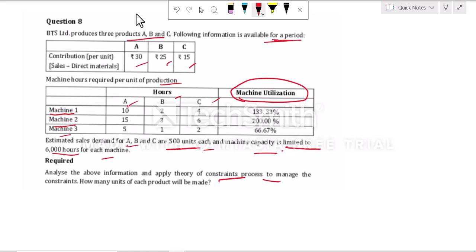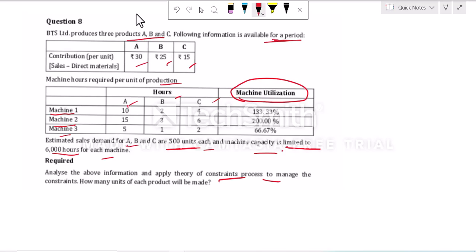So, what does the theory of constraints say? We should give priority to that product which goes through that machine which is limited, which is a constraint. We should use that maximum 100%, and we should produce that product using the scarce machine which gives more contribution.